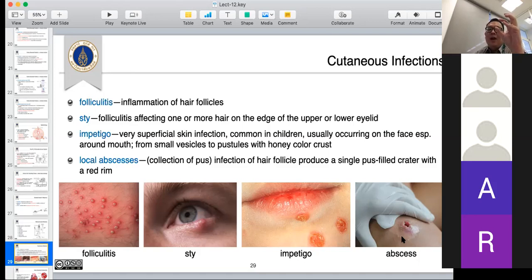And when you get an abscess, I'm sure no one can be free from abscess at least one time in your life. And you try to squeeze, use your fingers, squeeze the pus out. This is not a good idea, okay? You should go to see a doctor and let the doctor cut the skin and release the pus outside.